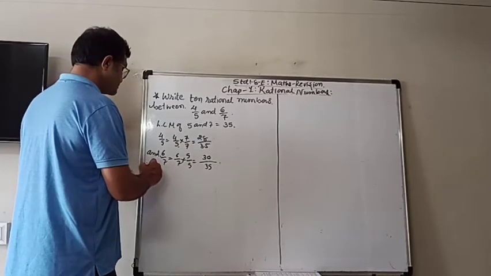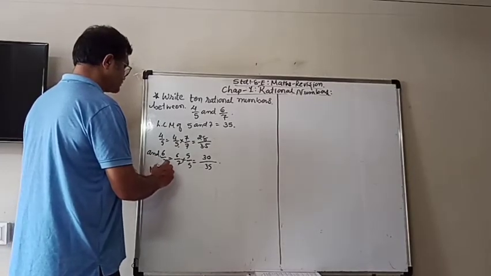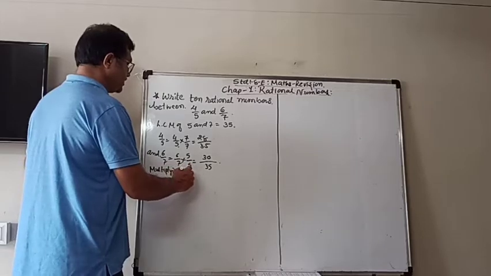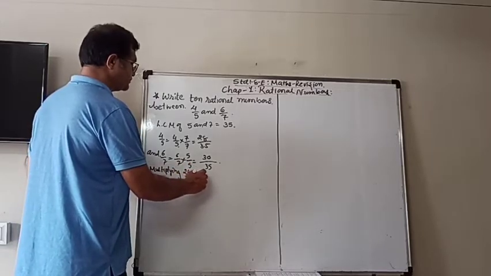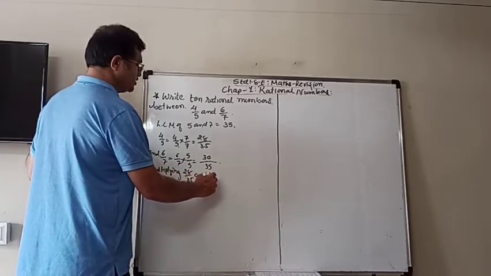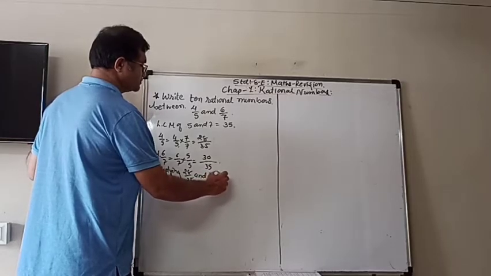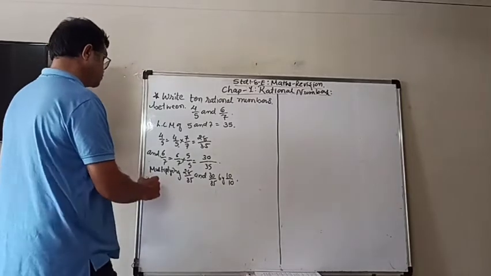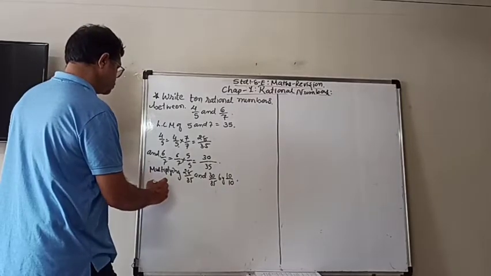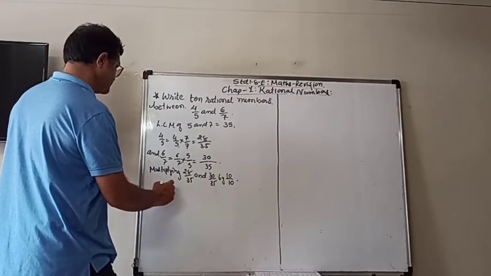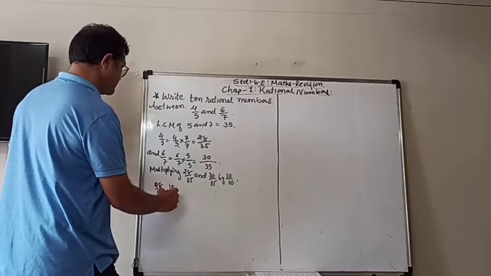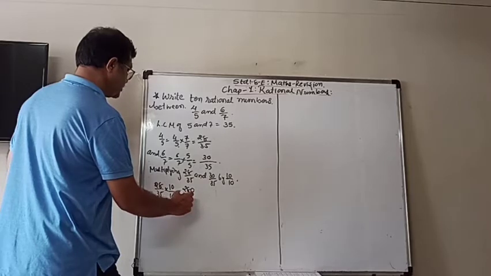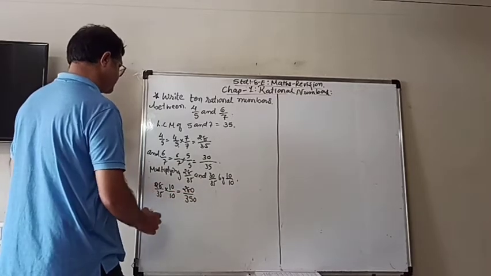So now multiplying 28/35 and 30/35 by 10/10. So 28/35 multiplied by 10/10 is equal to 280/350.